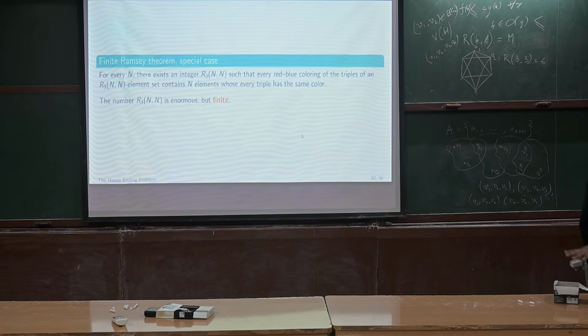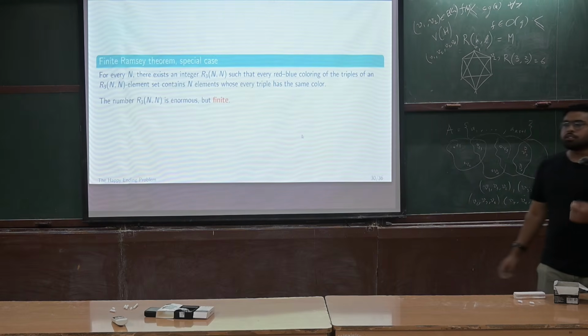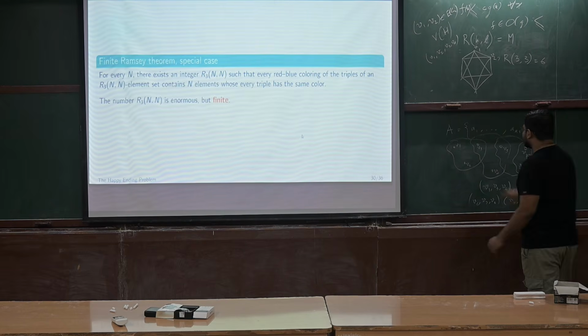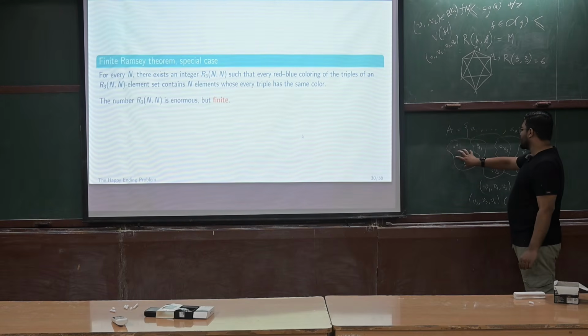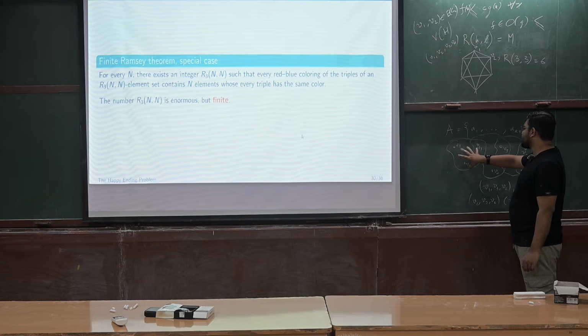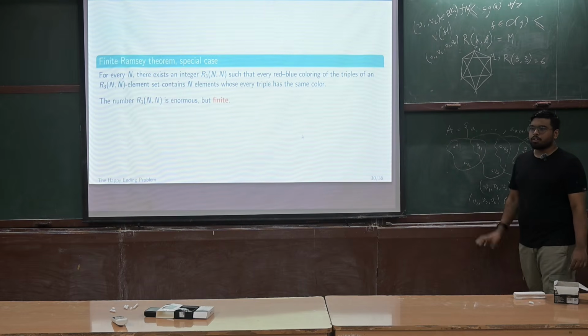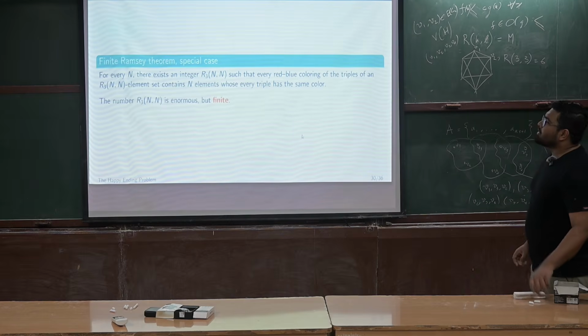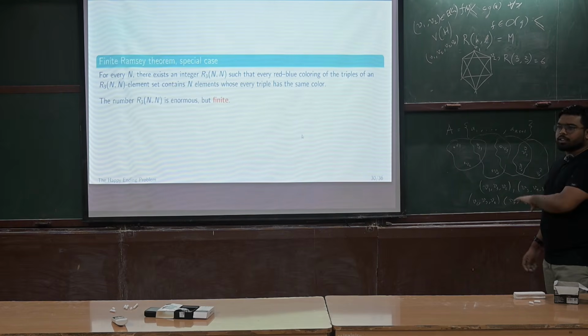Ramsey for triples deals with hypergraphs, but not the general case. It deals with what we'll call the three-regular hypergraph. So what's a three-regular hypergraph? It's basically one where all of these hyperedges have three vertices each, no more, no less. And then a quick coloring gives us an upper bound.